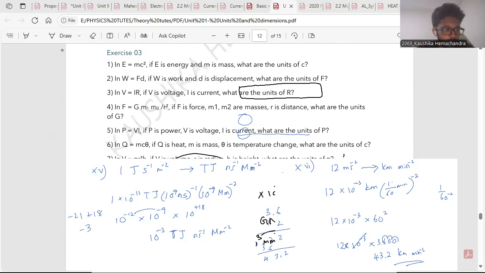Did we do 1 and 2? Okay, from 4, we start from 4.